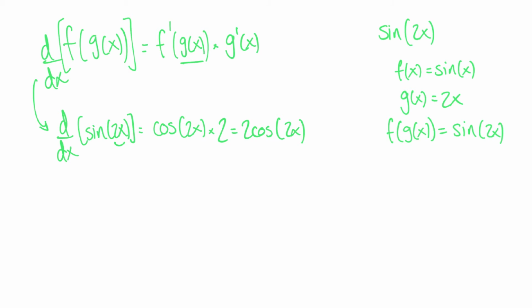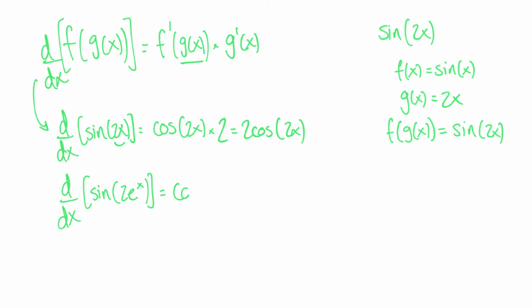Okay? Now, let's try another example, maybe one that's more complicated. So let's say that I want to take the derivative of the sine of 2e to the power of x. Again, you're always going to go from the outermost function to the innermost function. So the outermost is sine.